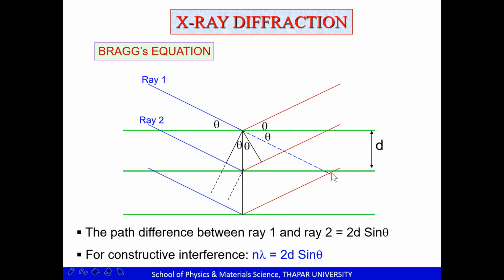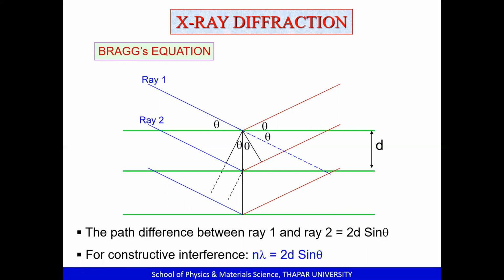So in between these two green color lines there is an empty space. So density at the green color is higher and density in between them is lower. So this arrangement of parallel atomic planes makes it possible to work as the equivalent version of this slit.